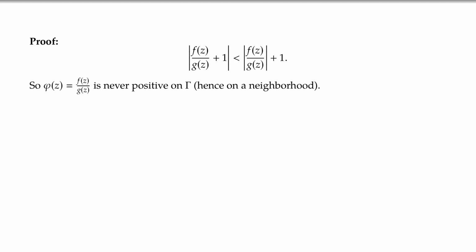Notice that this inequality says that this phi is never positive on gamma. It's also never zero, of course, but it's never positive. So let L be a branch of the logarithm on this slit plane, the plane minus zero, the non-negative real numbers.